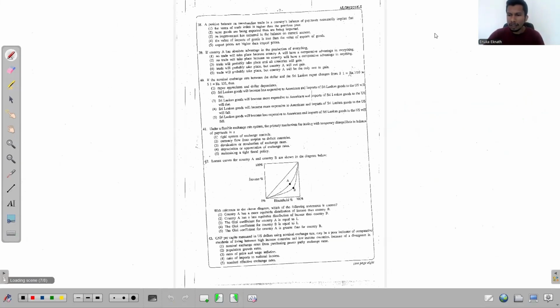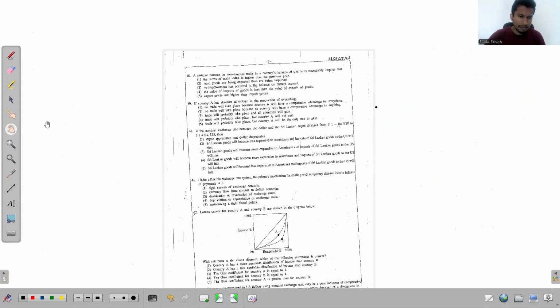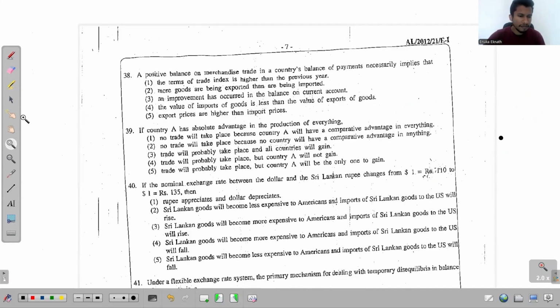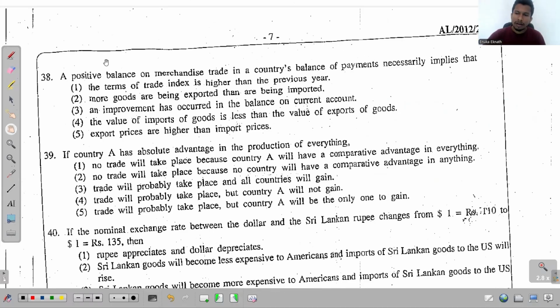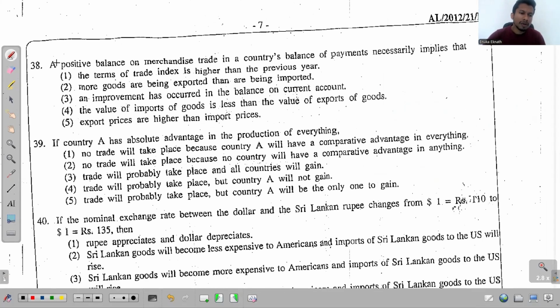Right, now come to this question number 38. All right. So it says a positive balance on merchandise trade. Merchandise trade means the trade of tangible goods.